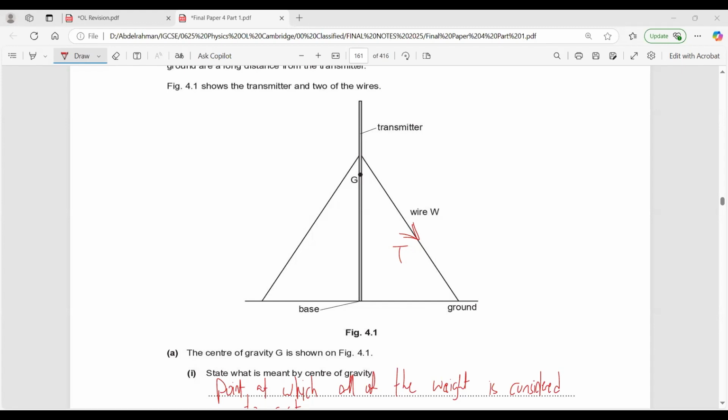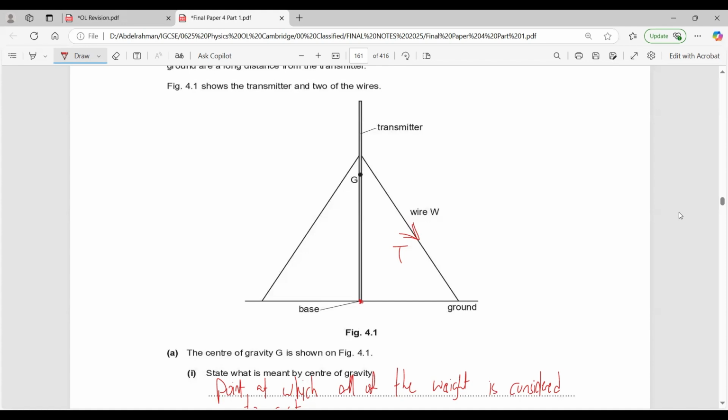So we have the force. Draw a perpendicular distance from the base. Yes, exactly, that is the distance. Where is the pivot? Force times perpendicular distance to the pivot. The pivot is at the base. Let's say that the pivot is here. This is the pivot because it will tilt on either side if you want to find the moment.